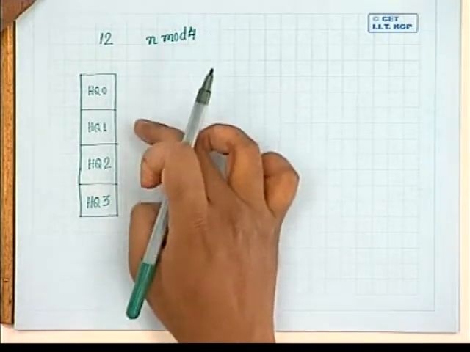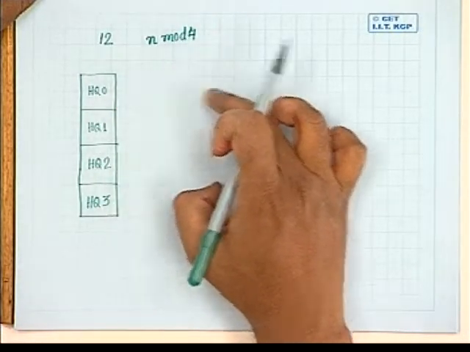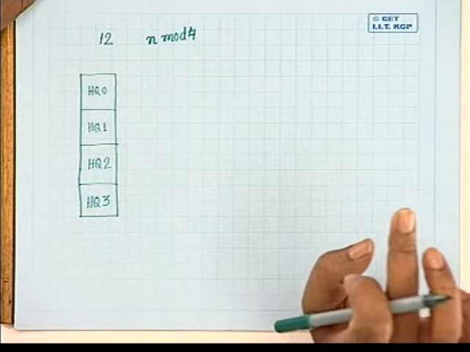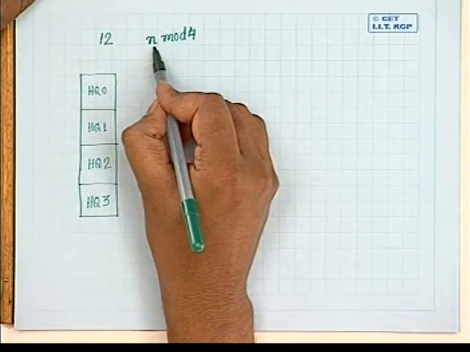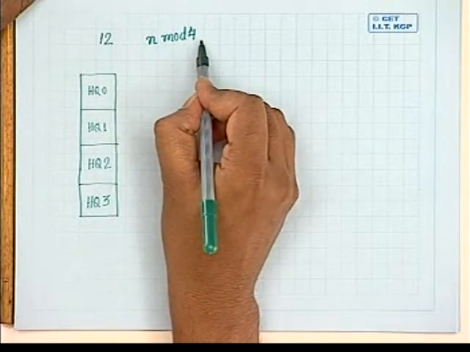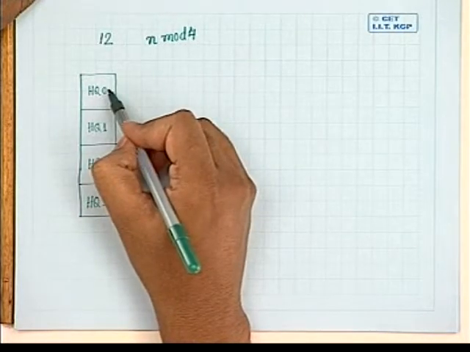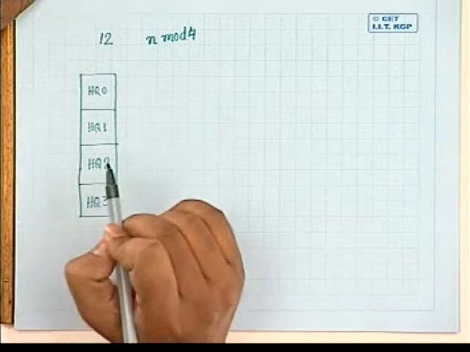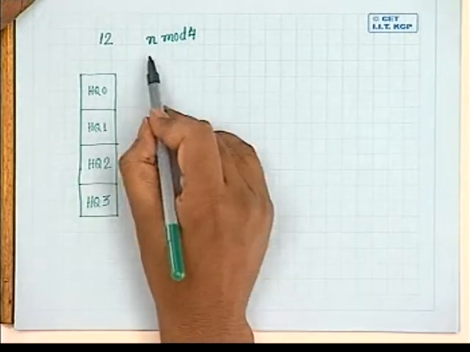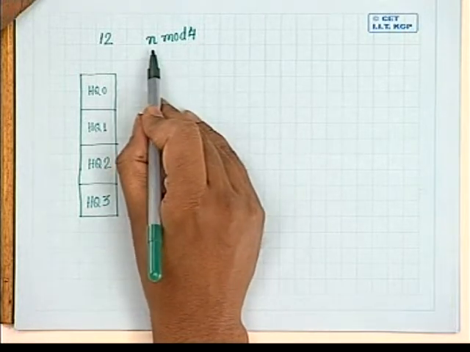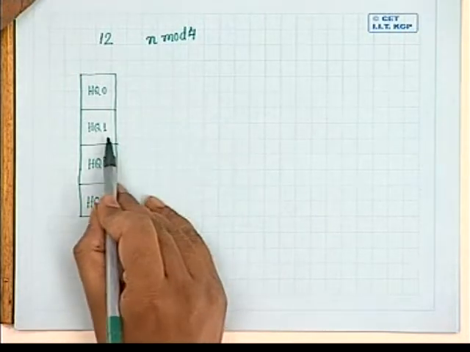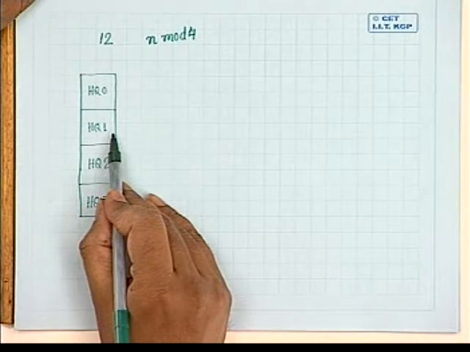So I'll decide which buffer is to be put in which of these hash queues. Say buffer containing block number n, if I find that n mod 4 is 0, in that case the corresponding buffer will be put in hash queue 0. If n mod 4 is 1, that buffer containing block number n will be in hash queue 1.